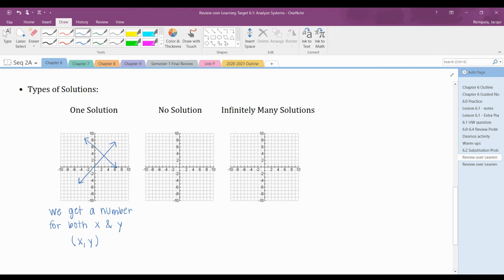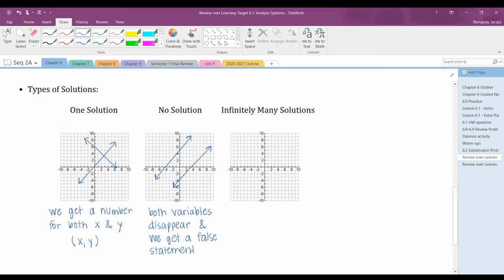which means that we would be able to come up with an ordered pair x, y. Okay, if I have no solution, as far as what it looks like as a graph, that means I would have two lines on the graph that are never going to intersect. Those are parallel lines. If I was solving using substitution or elimination, we would end up having both variables disappear and we get a false statement.